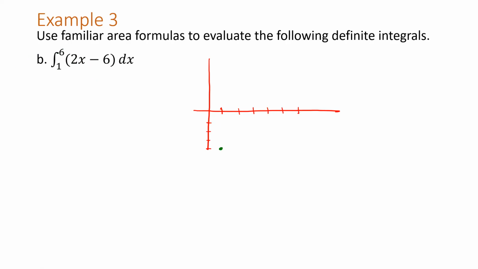And then at the right endpoint at 6, we get 2 times 6 is 12, minus 6 is 6. So it'll be up at 6 at the right endpoint. So we have this line here that goes through those points. Notice that at x equals 3, it's going to cross the x-axis. So that'll be another key point that we want to keep in mind.